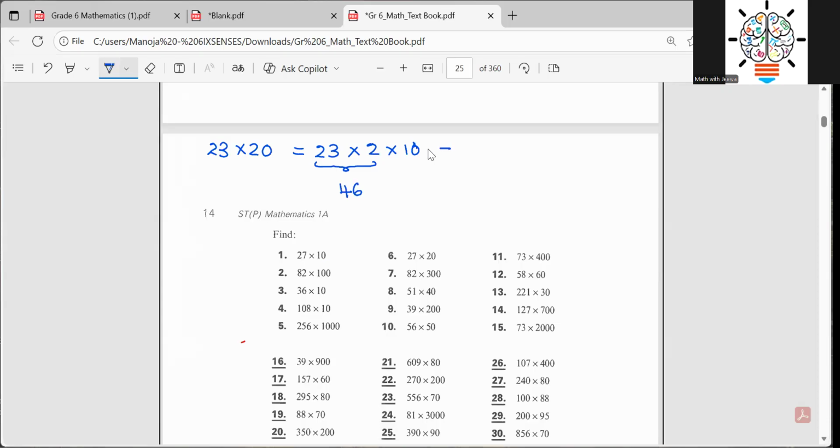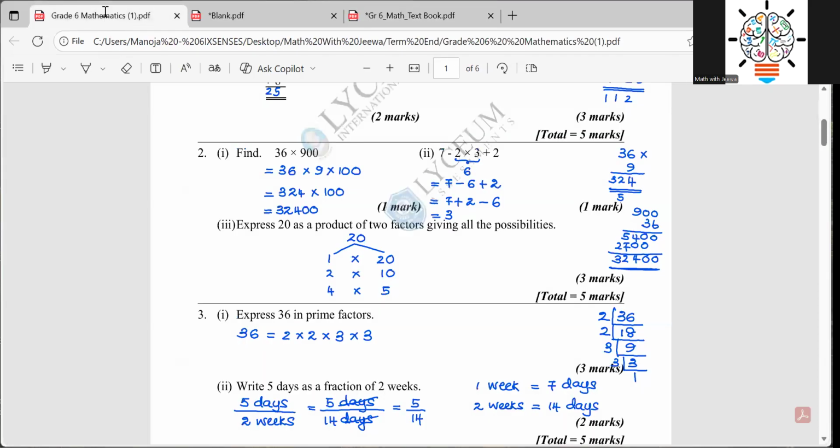Then I multiply that 46 by 10, and easily I can write the answer 460. If you come across this kind of question, 900, 200, 300, 20, 40, 50, something like that, always expand it.